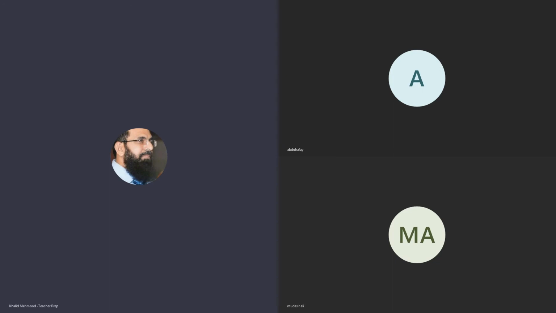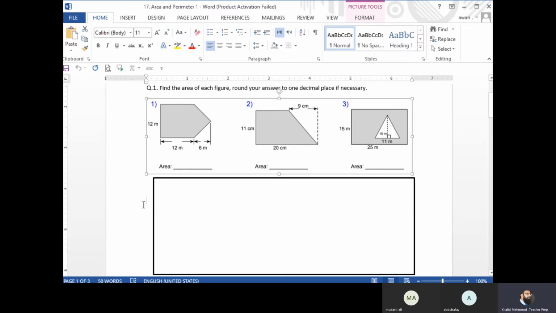In this first one, you can see this is a shape. The first shape has one part whose length and some of the sides are given. So this is a combination of what two shapes? Could anyone guide me about this shape?